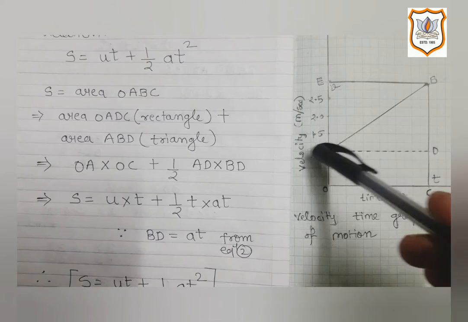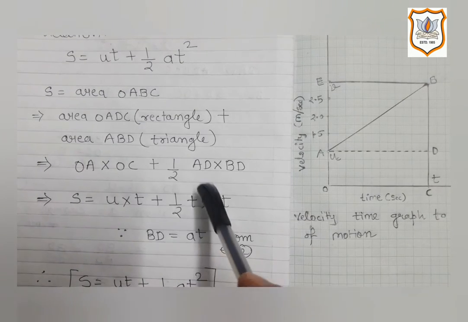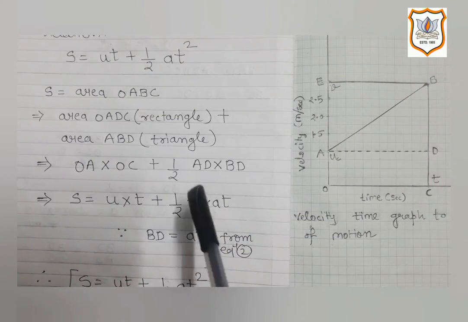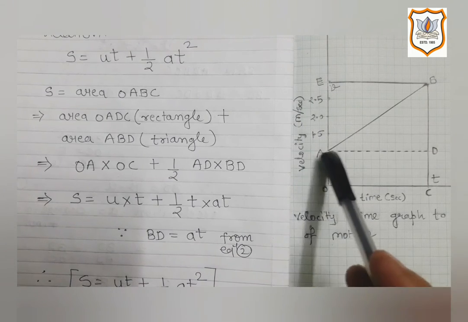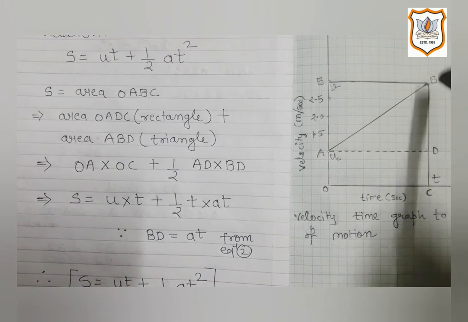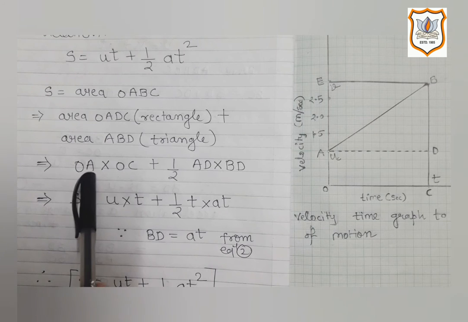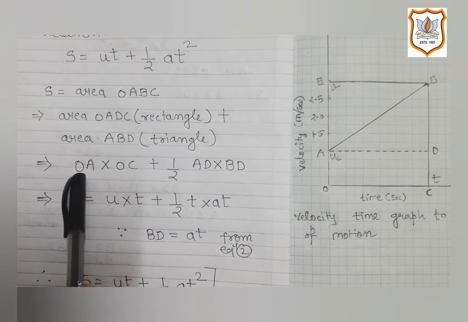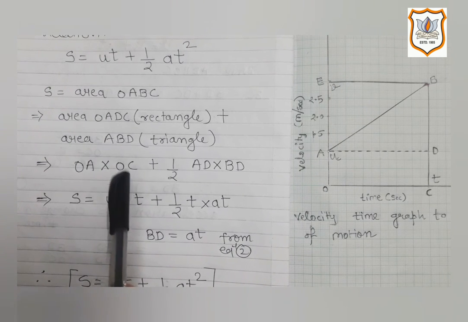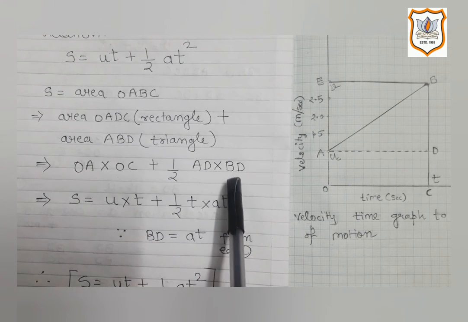Area of triangle ABD is equal to half of base into height. So we can write half of base, that is AD, into height BD. So length into breadth will be equal to OA into OC, while half of base into height will be half of AD into BD.